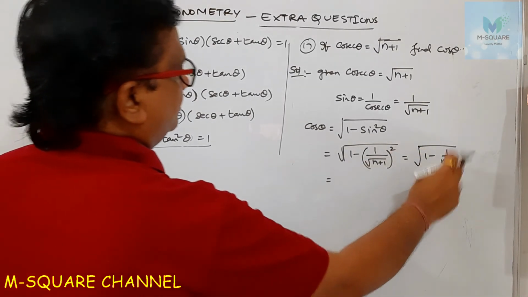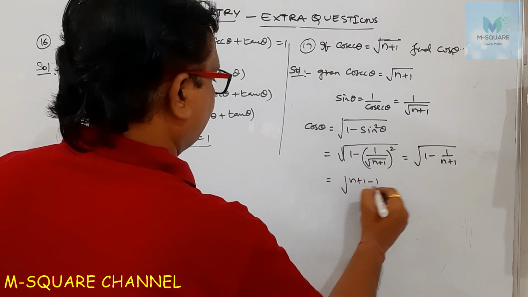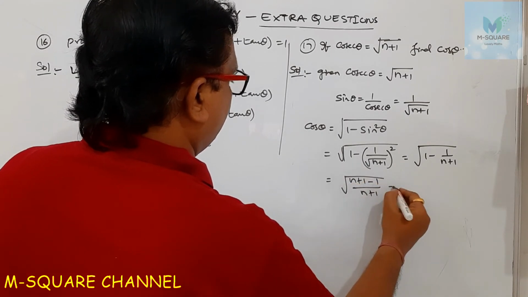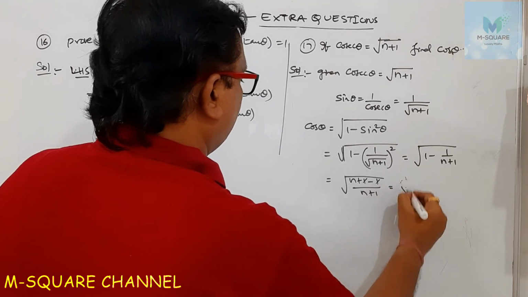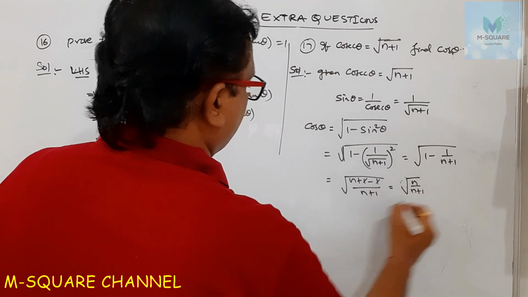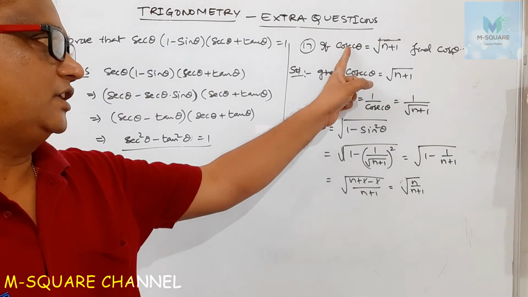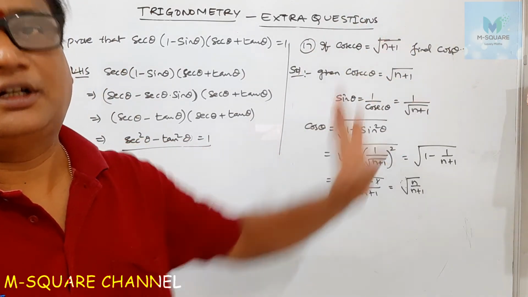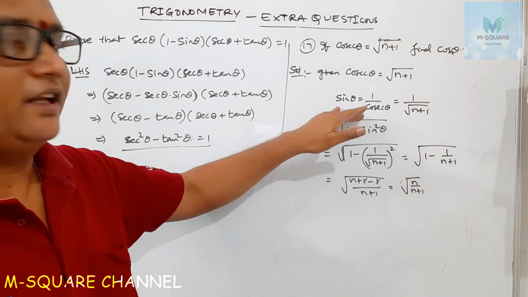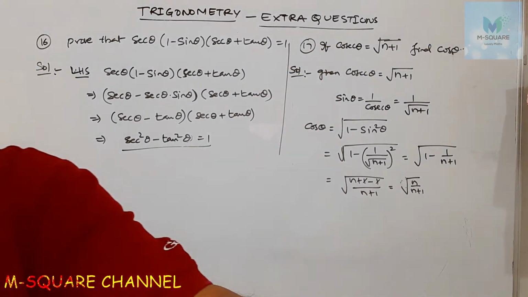Root n plus 1 whole square means n plus 1. So n plus 1 minus 1 by n plus 1. So 1 cancel. So root of n by n plus 1. This is cos theta. So first think about cosecant to sin, sin to cos. That is the relation.